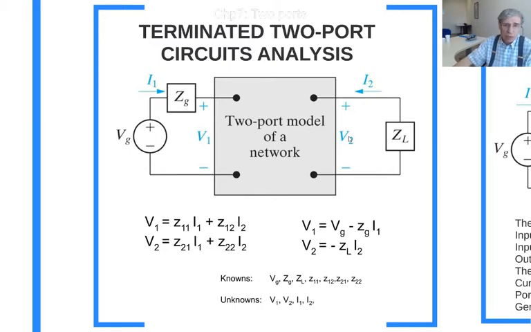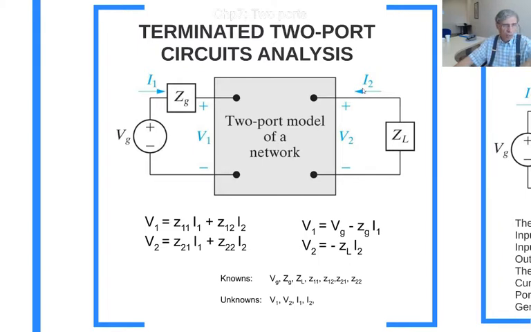Why is it the most general? Because the input of this two-port circuit can be any circuit, and these two represent the Thevenin equivalent of that circuit. And the other port, the load port, could be connected to any impedance you can think of. Therefore, it is the most general one, and in this our aim is to find V2 and I2.